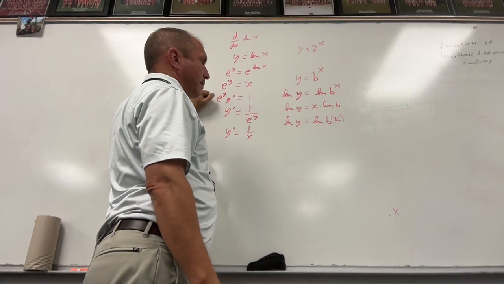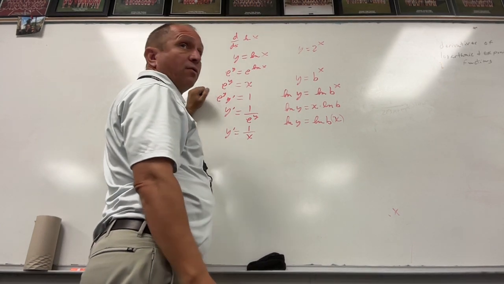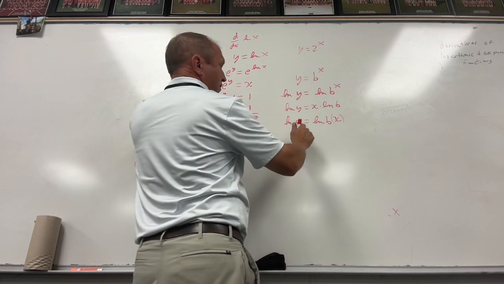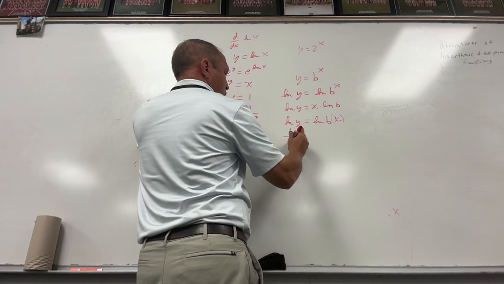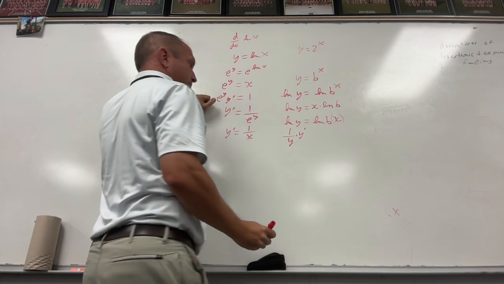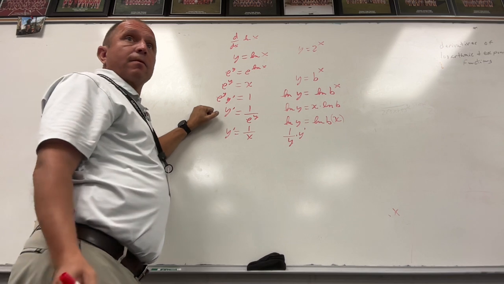All right. Now I'm ready to take the derivative. Now, the natural log of y, when I take the derivative of that, that is 1 over y times y prime. Right?